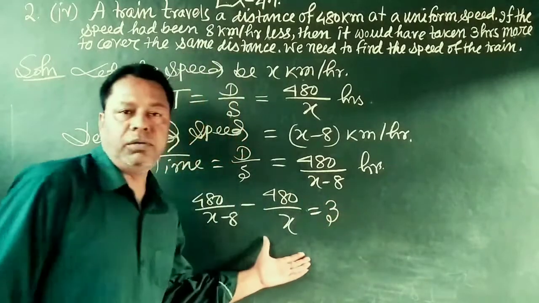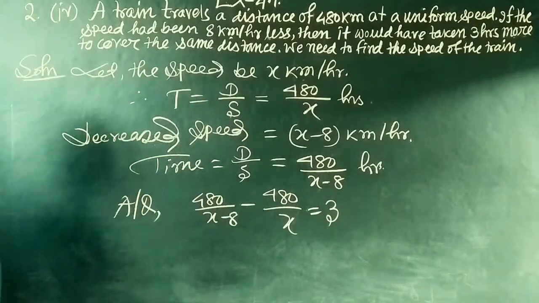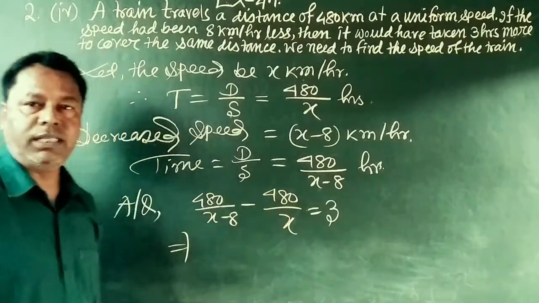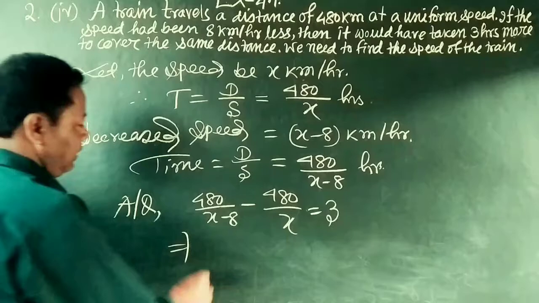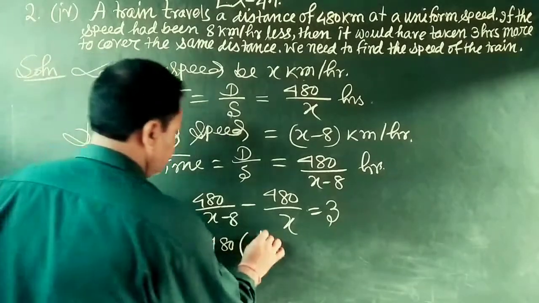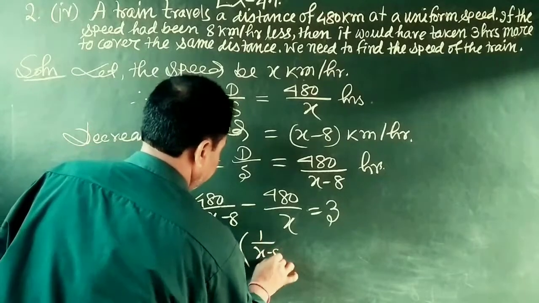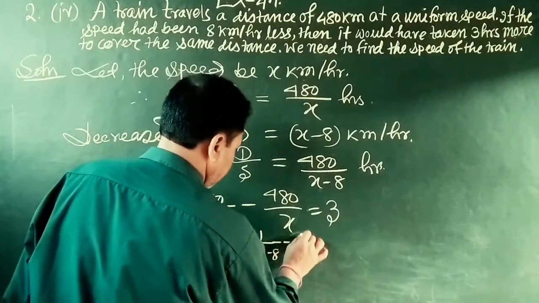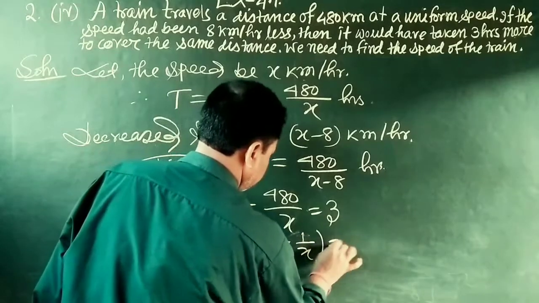This part understandable or not? Okay, then if it is understandable, from this taking 480 common, here it is 1 by x minus 8 minus 1 by x is equal to 3.